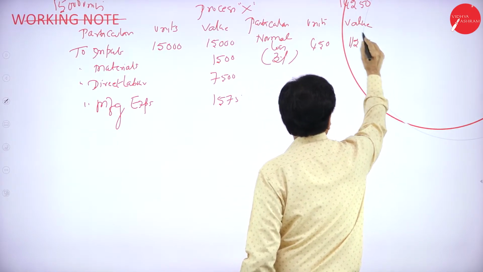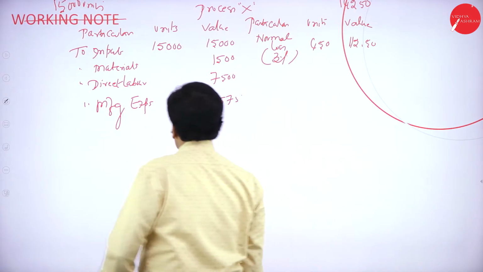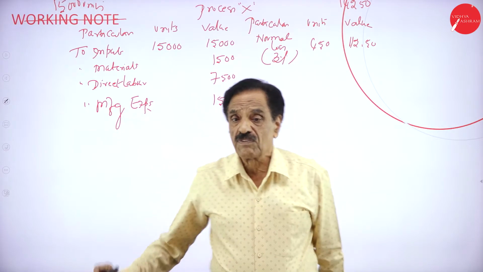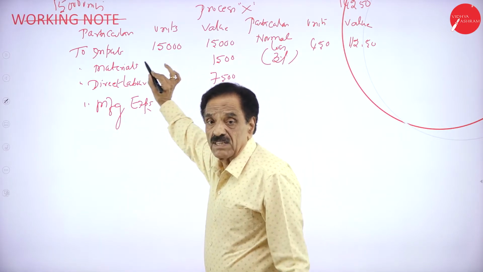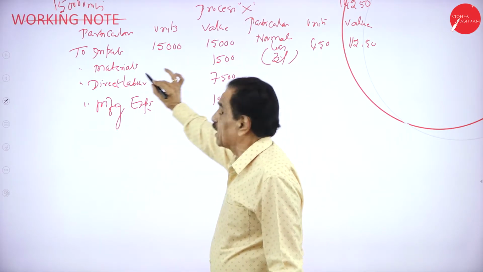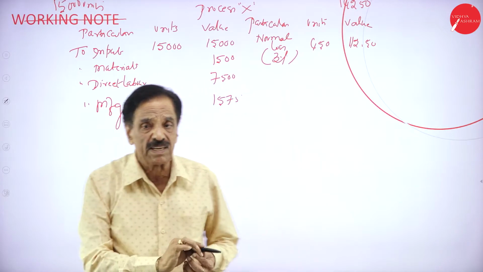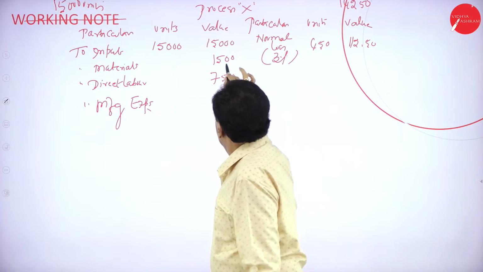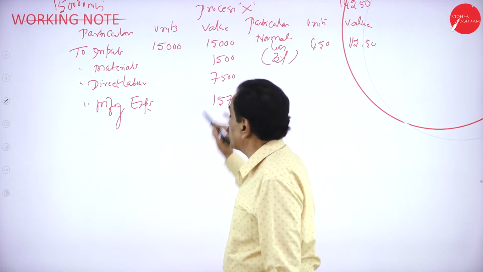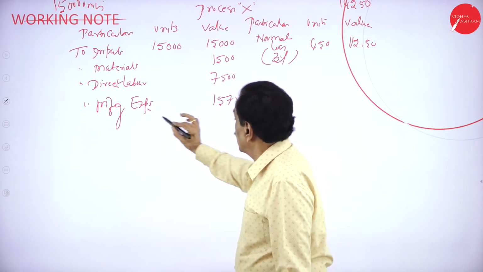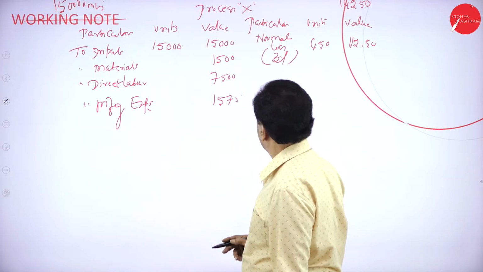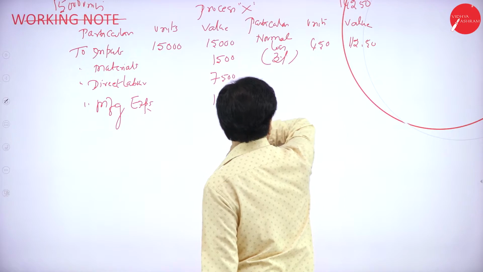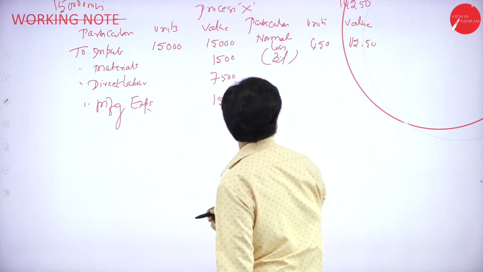So we introduced how many units? 15,000 units. The value is 15,000. Material cost 1,500, direct labor 7,500, manufacturing 1,575. So out of 15,000 units, 14,750 has gone.